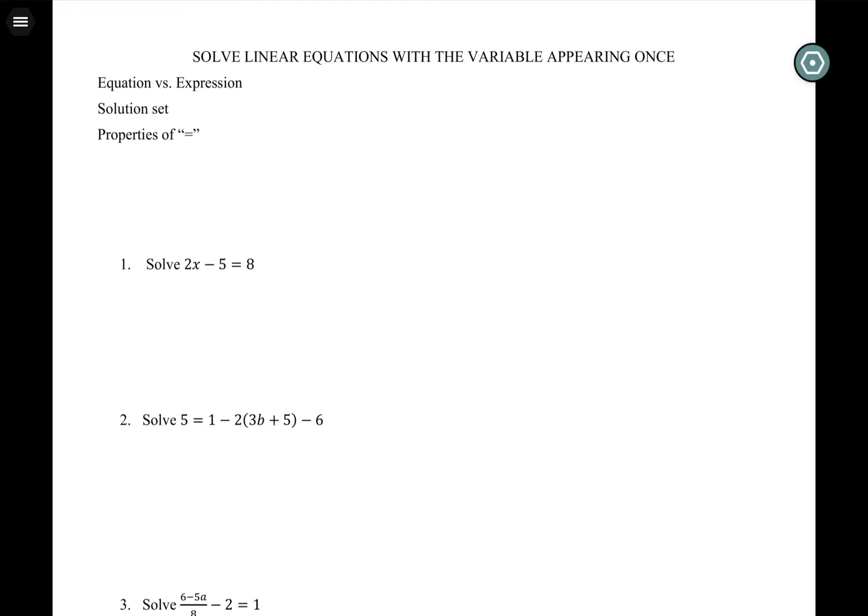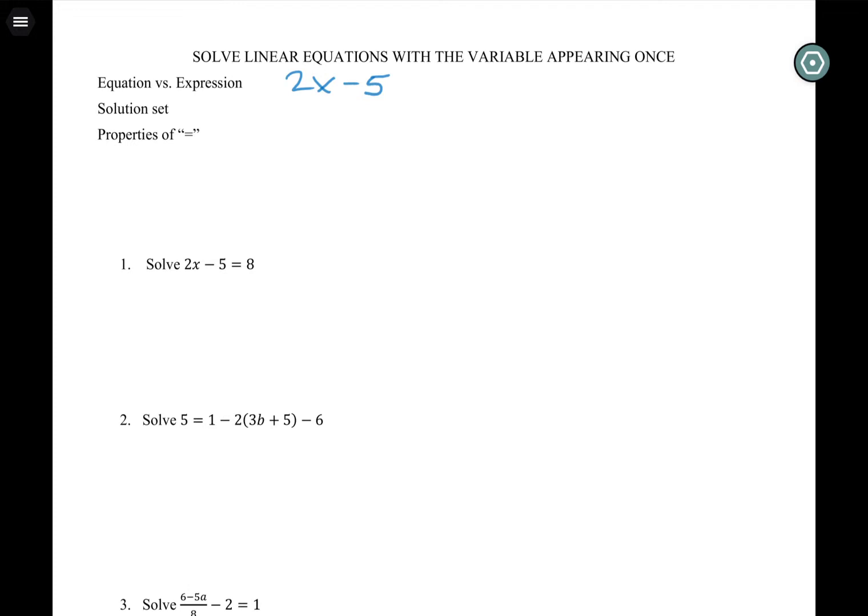So equation versus expression. An expression basically just represents a number. There can be variables in the mix, but it still just means this is a number. So if I look at an expression like 2x minus 5, I might not know what its value is until I choose or find out what x value I should be using, but it has some numerical value and that's all there is to it.